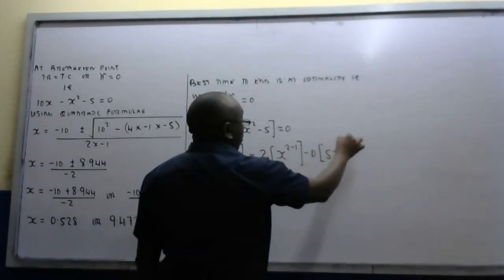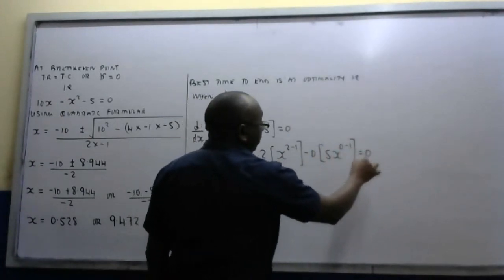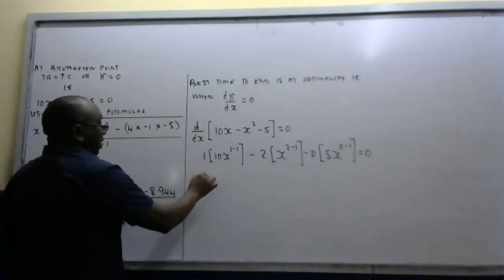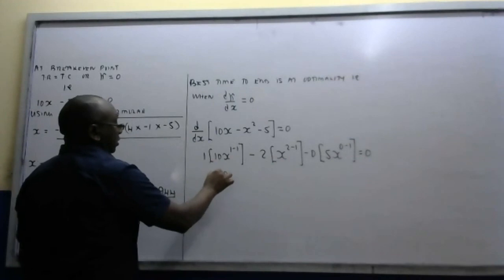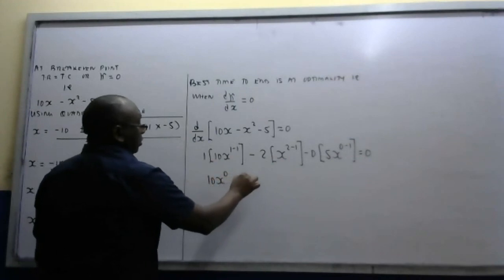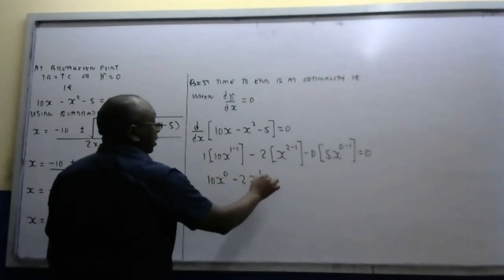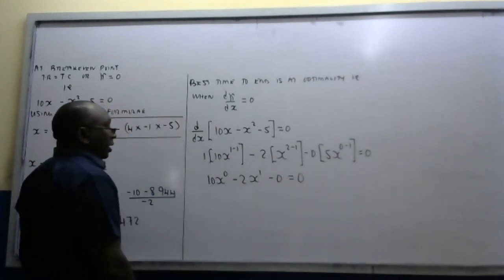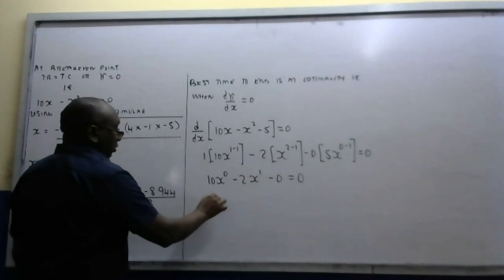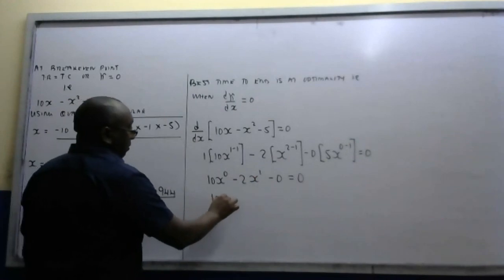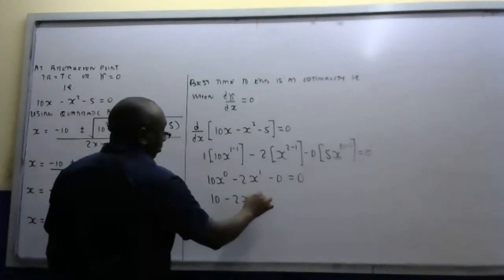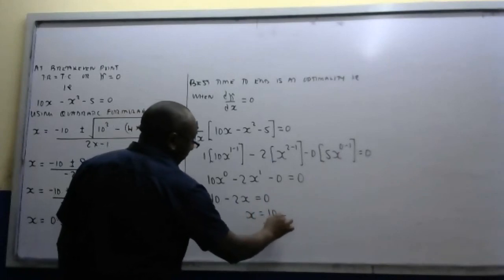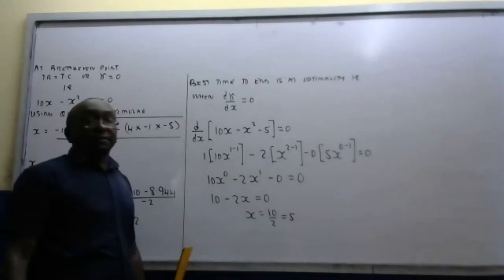So 5x to the power 0 minus 1 should be equal to 0. When you open the brackets, this becomes 10x raised to power 0 minus 2x raised to power 1 minus 0 equals 0. And this becomes 10 minus 2x equals 0. Therefore, x must be 10 over 2, which is 5.